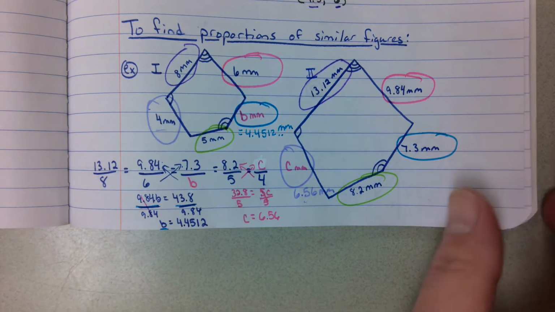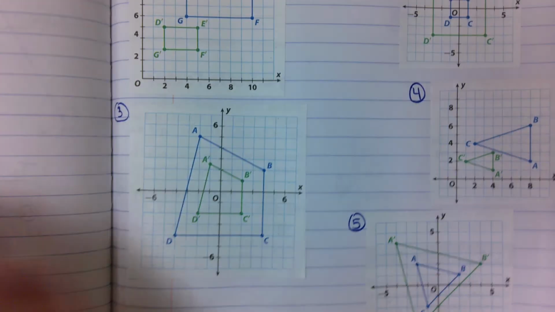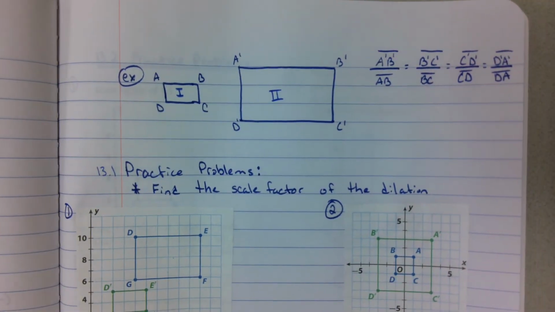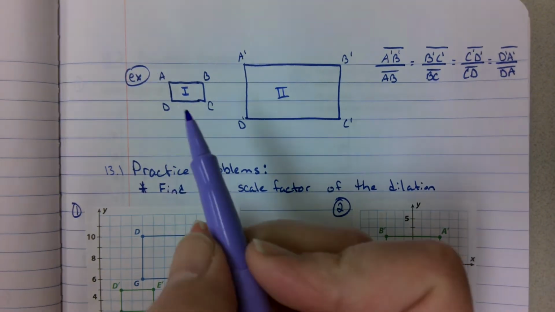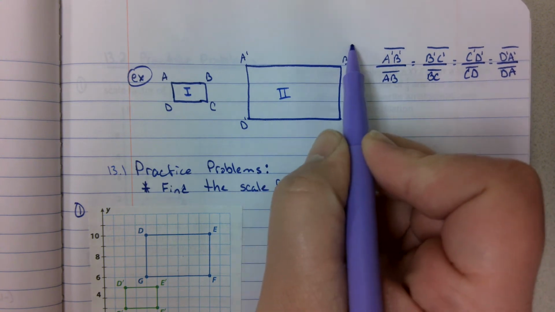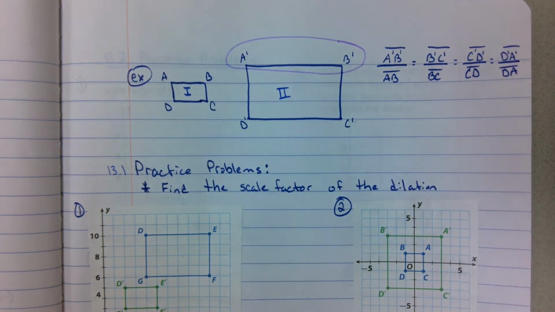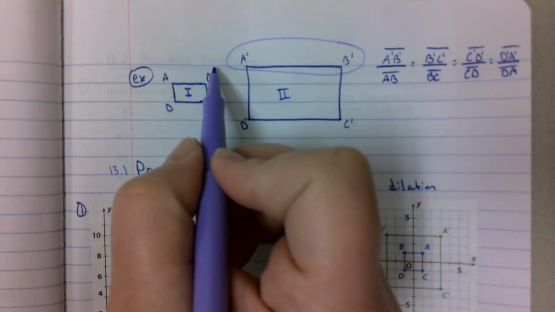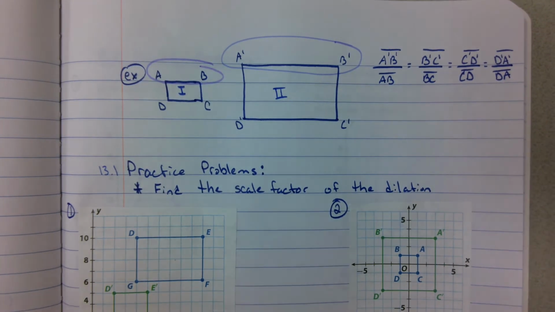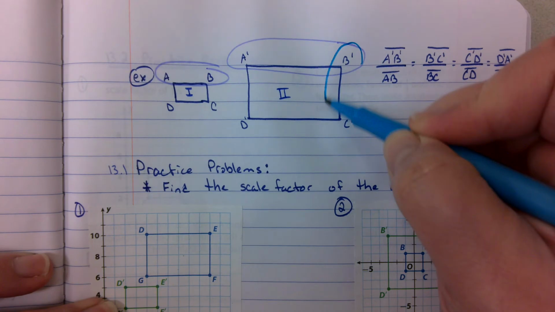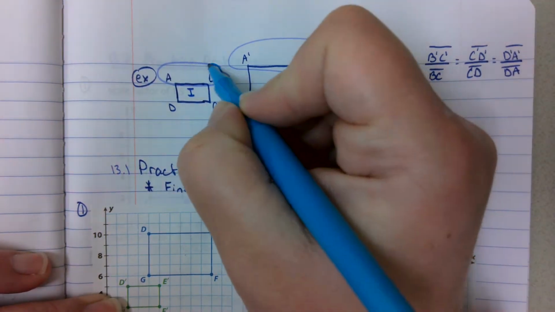All right. So next example, it's just showing you the sides. So I have A prime B prime over AB. Then I have B prime C prime over BC.